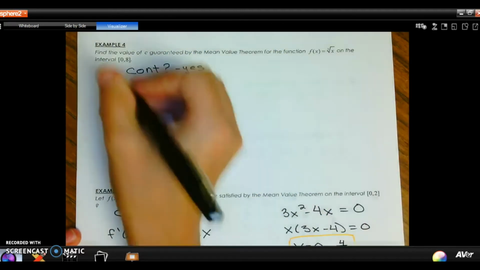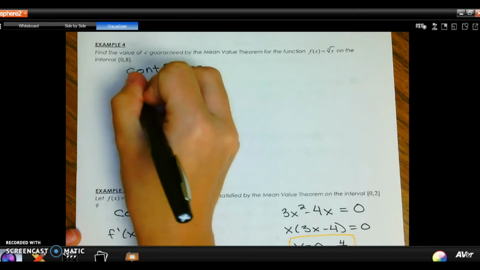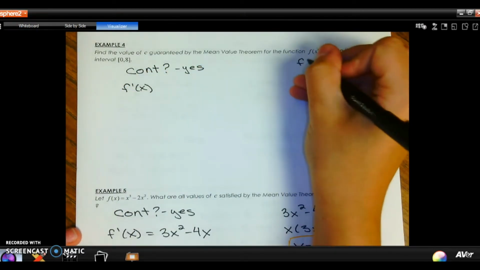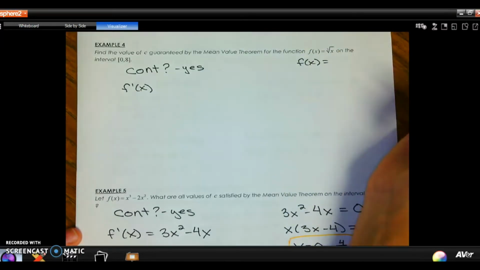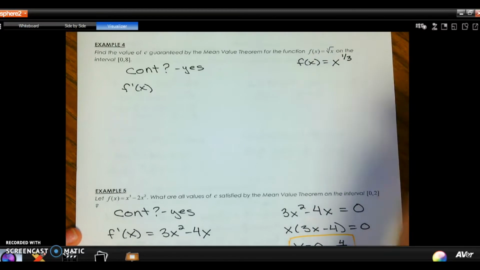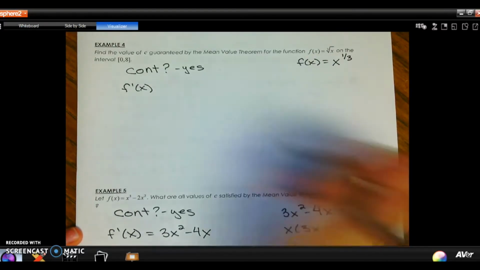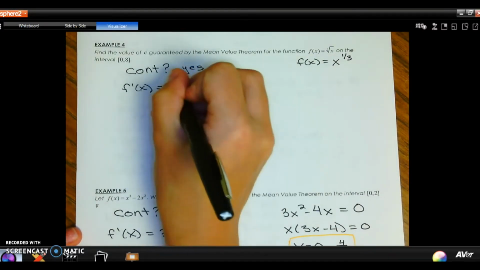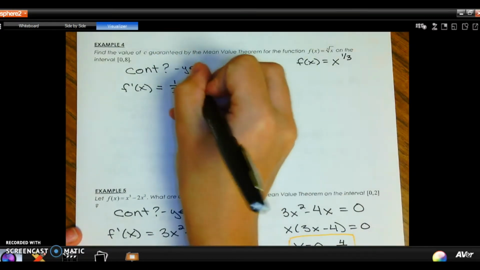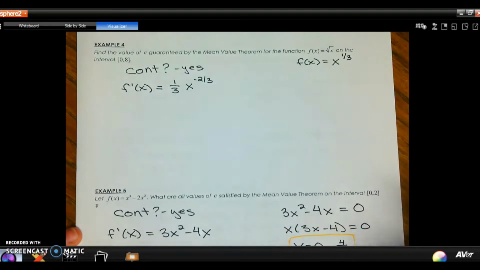Then I'm going to take the derivative. It might make it a little easier if you remember the cube root of something is just a rational exponent, so write it as power over root. So that's the same thing as this. Now it's easy to take the derivative of. It's 1/3 x, and when you subtract 1 from the exponent, you get negative 2/3.